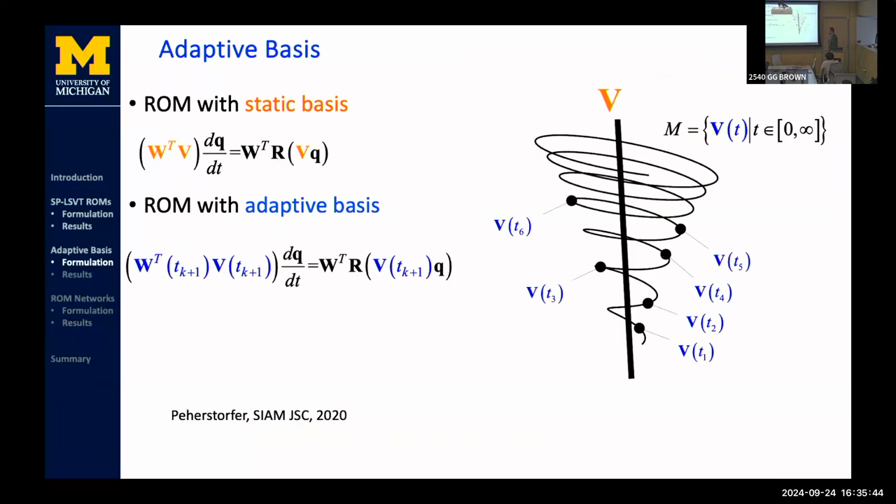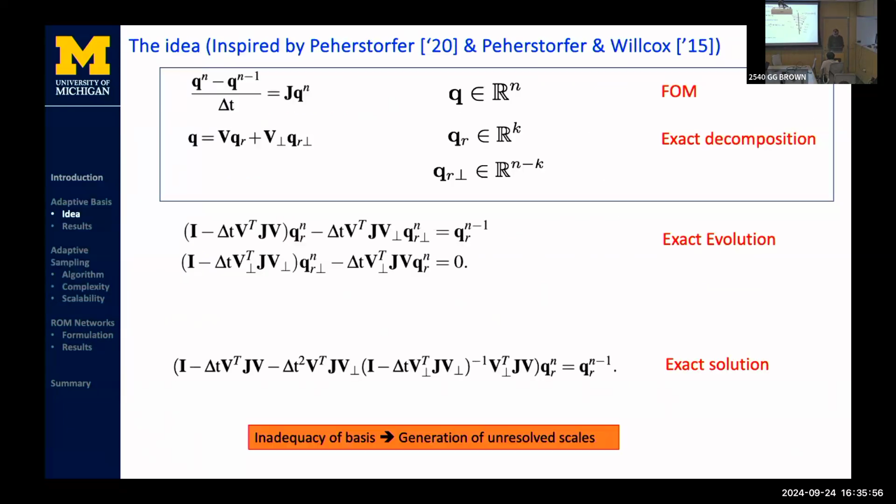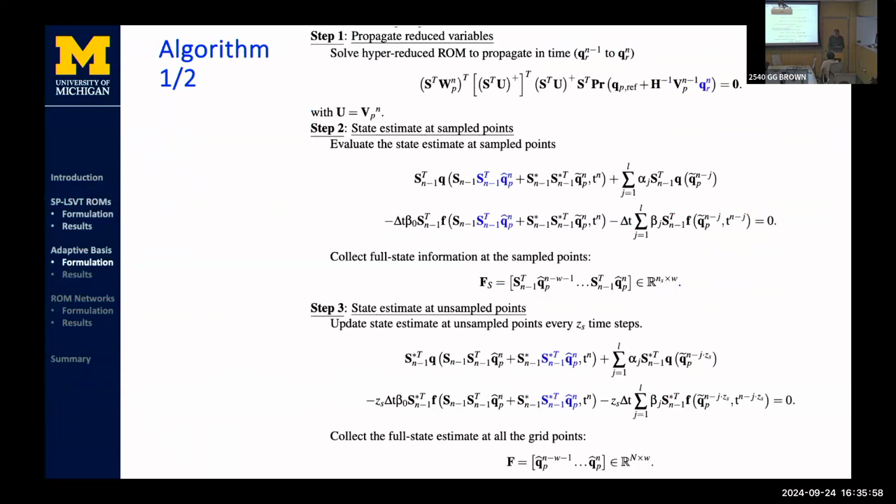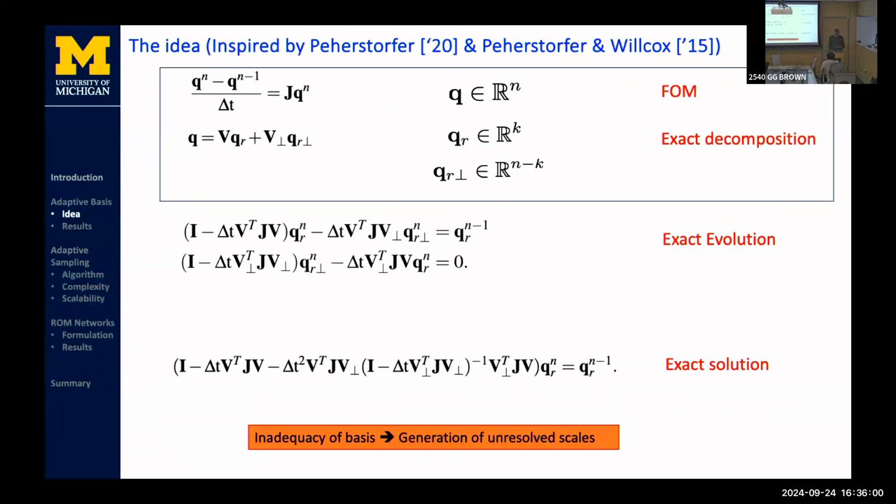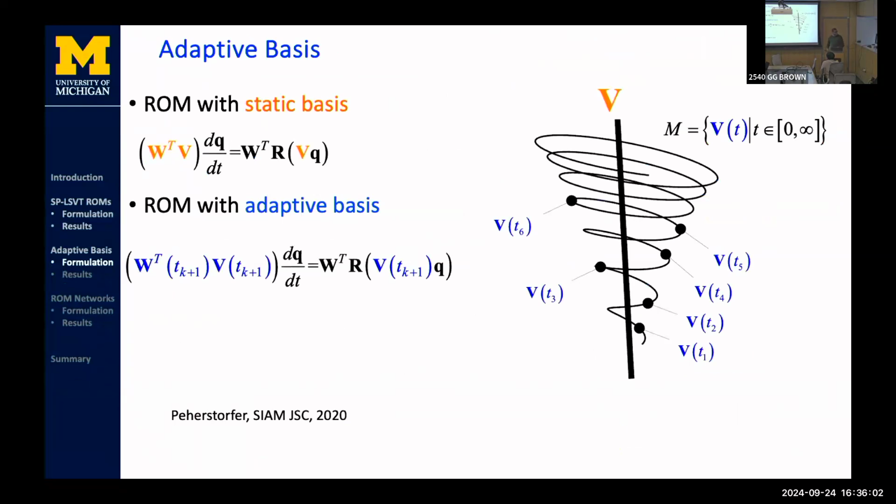The high-level idea is that at every time step, you have the full order model operator, okay? I wish I had this additional slide, but anyway. What we do is the following.